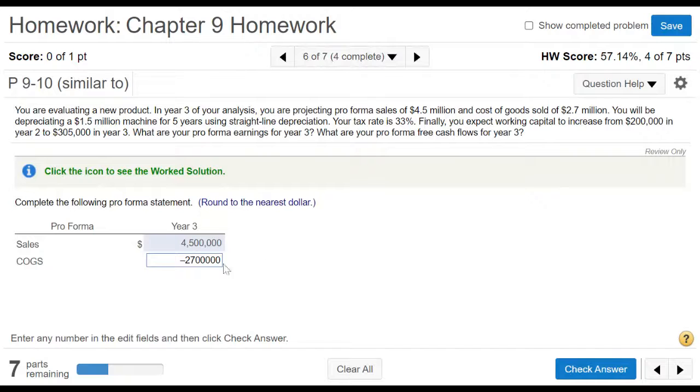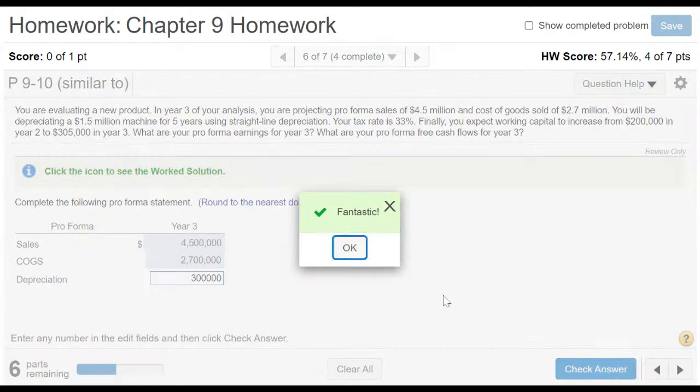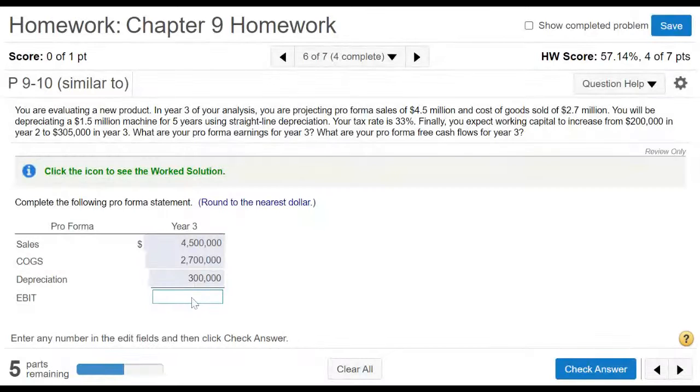Oh, it doesn't. So you're going to have to do it. You see that? Now, what's the depreciation? Somebody help me here. 1.5 million. And then you have to divide that, 1.5 divided by 5. 300,000. Yeah, 300,000.